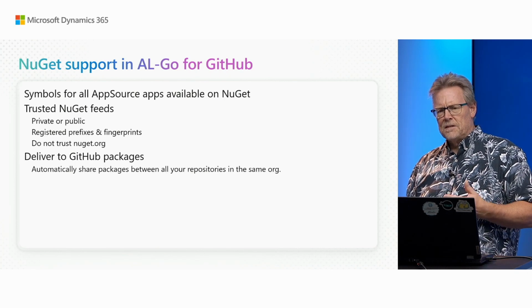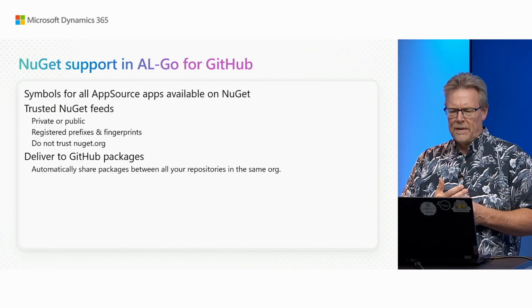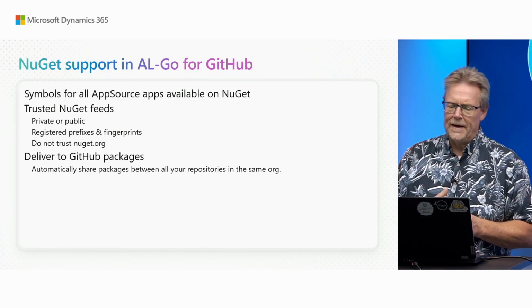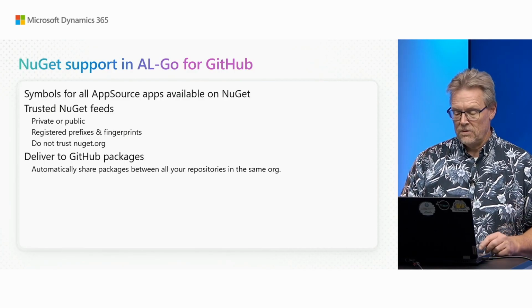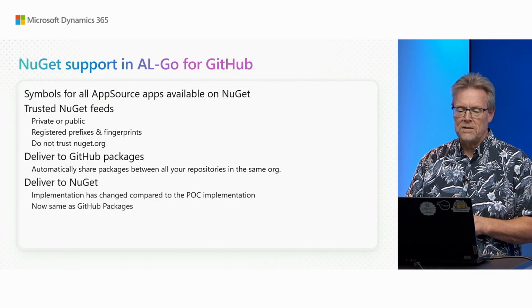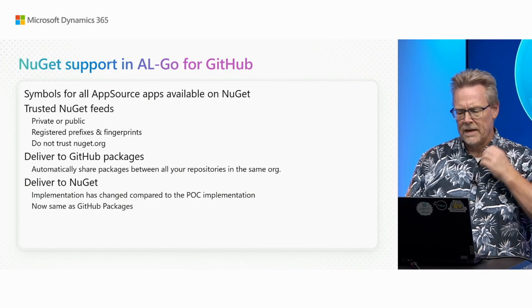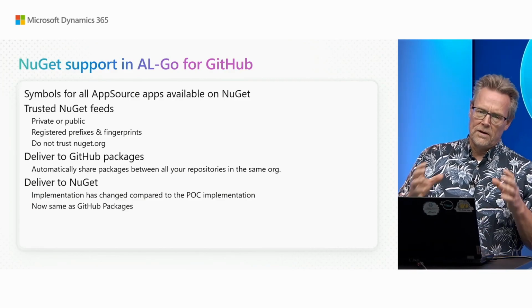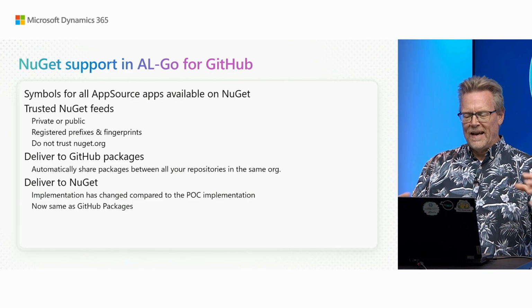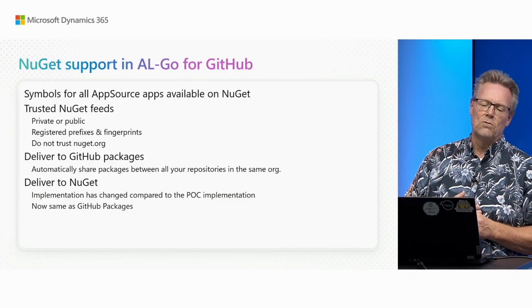Deliver to GitHub Packages has been a proof of concept prototype in AL-Go for quite some time, and that still works as earlier. The deliver to NuGet has changed the implementation. Now we're using the same mechanism as GitHub Packages. Earlier, the NuGet implementation was collecting apps and dependencies into one NuGet package.